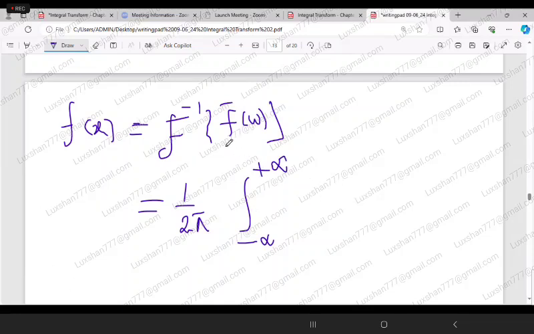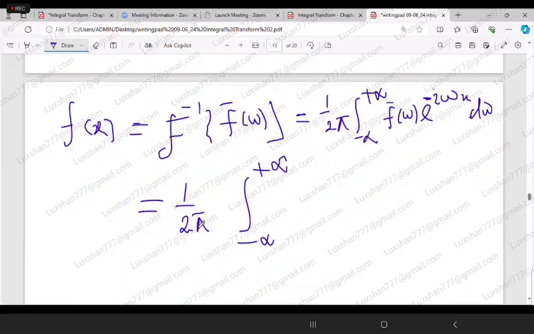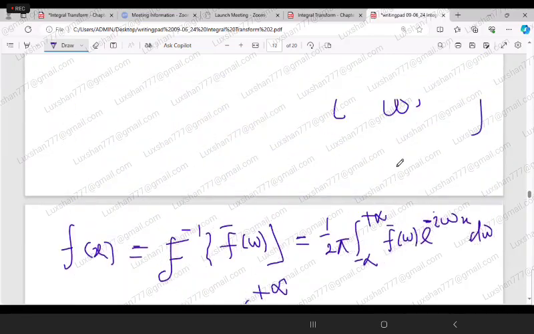So what is the definition of this one? 1 over 2 pi integration from minus infinity to plus infinity of f bar omega e to the power minus I omega x d omega. Remember, minus is there. Remember, that is the formula. So now I am using that one. 1 over 2 pi. Already we have found this one.